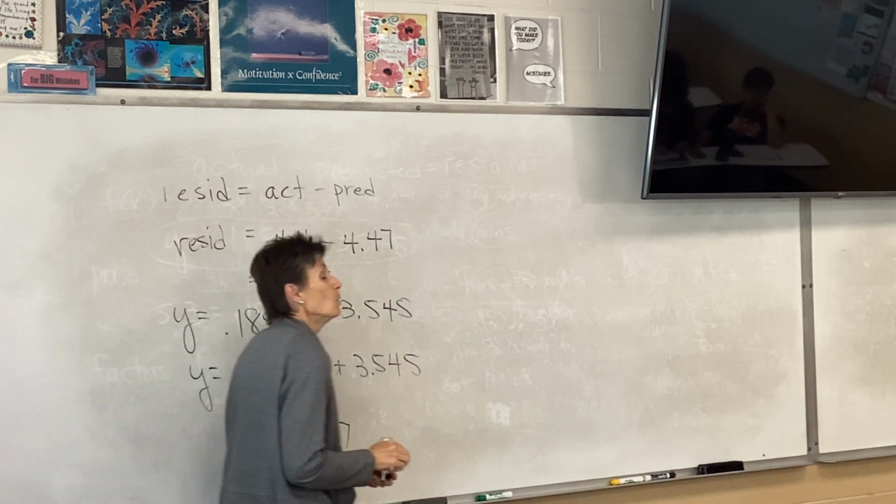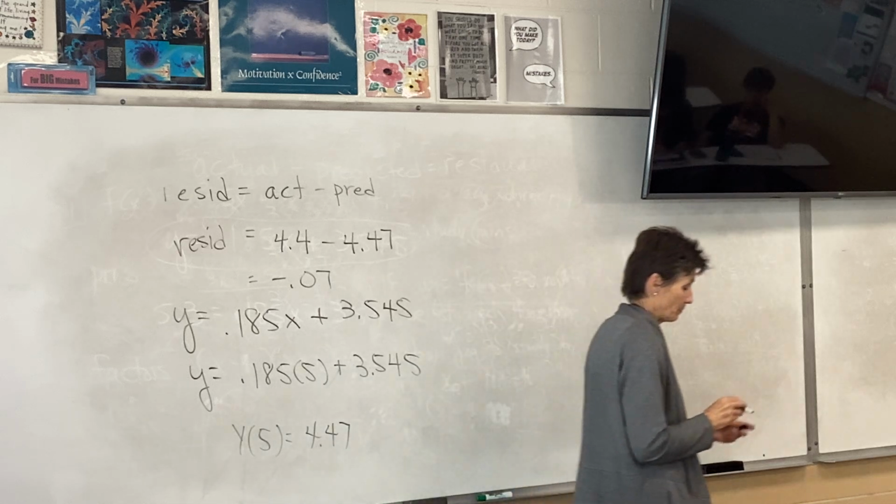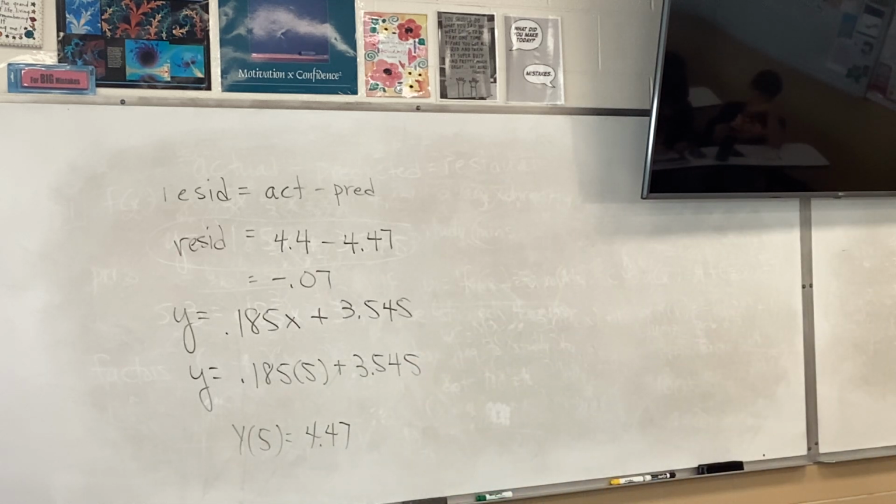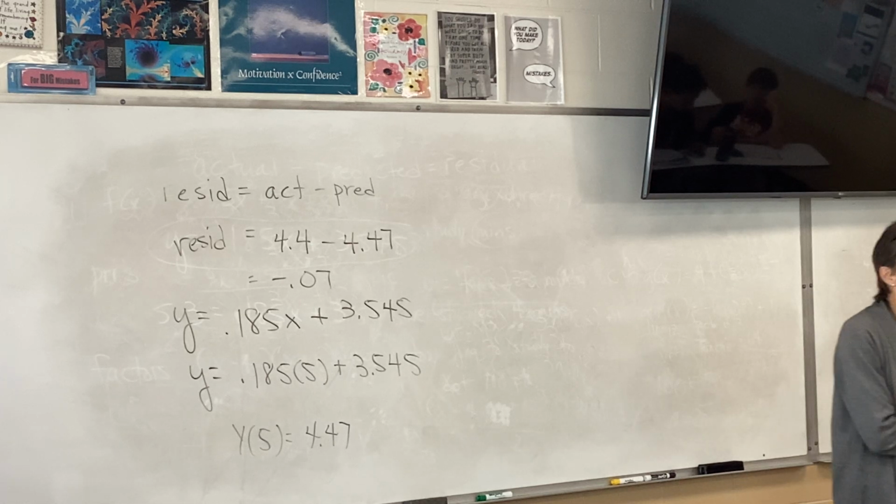Now, what does that mean? Is it better to have a residual of negative 0.07 than a residual of 7? Yes, the smaller the residual, the better the model is, right? What does it mean that it's negative?